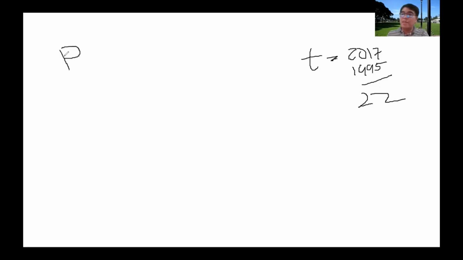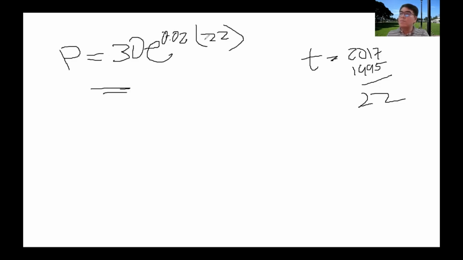So P is equal to 30e to the 0.02 times 22. 0.02 times 22 is equal to 0.44. So this is 30e to the 0.44.